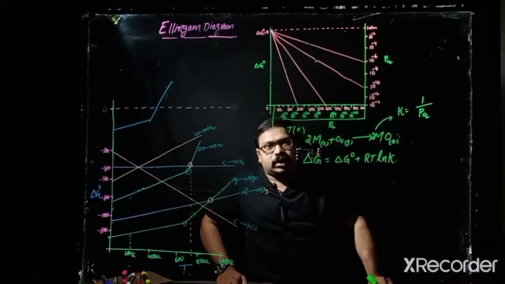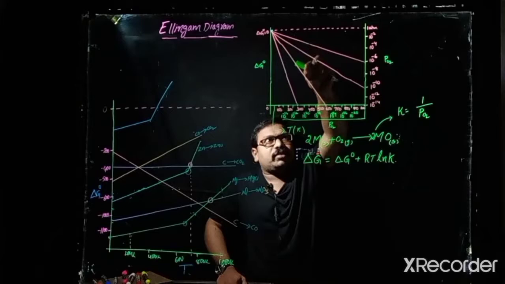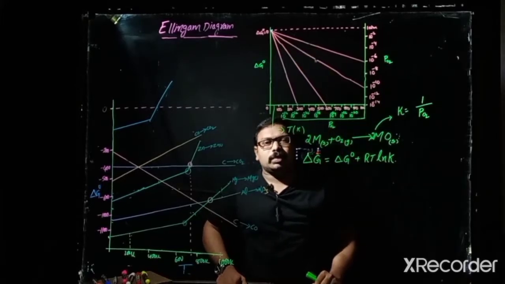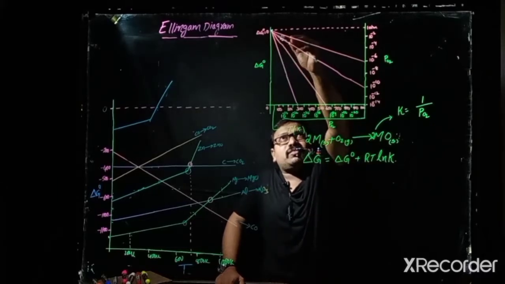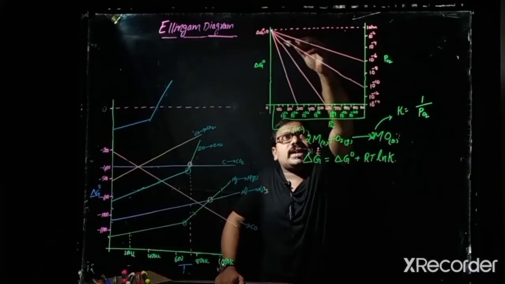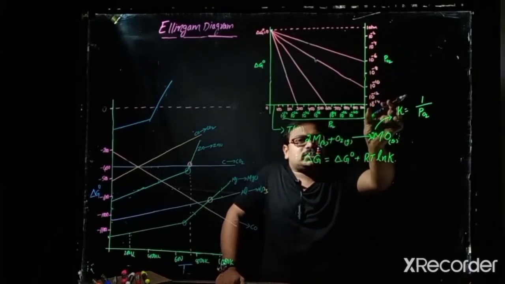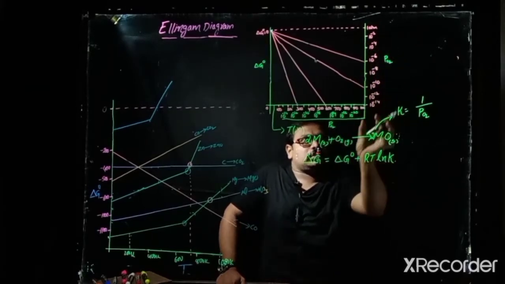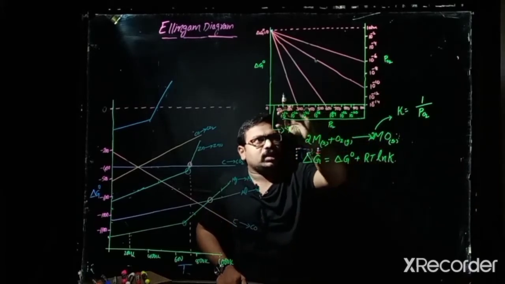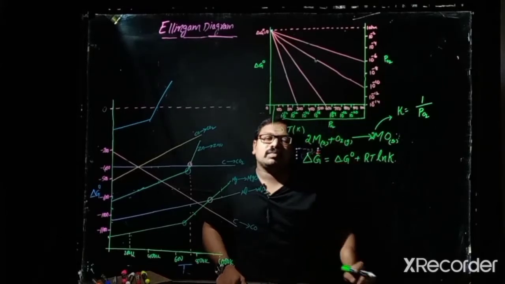Based on this point, we draw many different lines from this direction to this direction. Here I am writing the partial pressure of oxygen for the oxidation of metals, along with some values, and the temperatures in Kelvin.